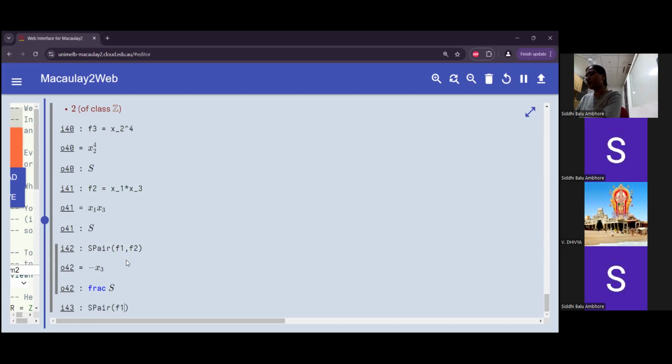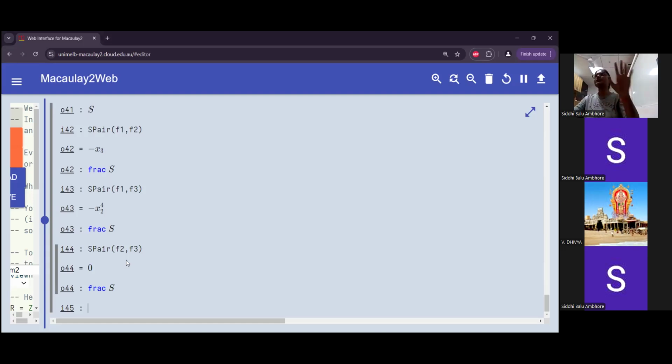S pair of F1 comma F3 is minus x2 power 4, and now I want to find the S pair of F2, F3, which is 0. Okay, any doubts? Okay, these were the 3 pairs which we wanted to check at least. No other pair, right?